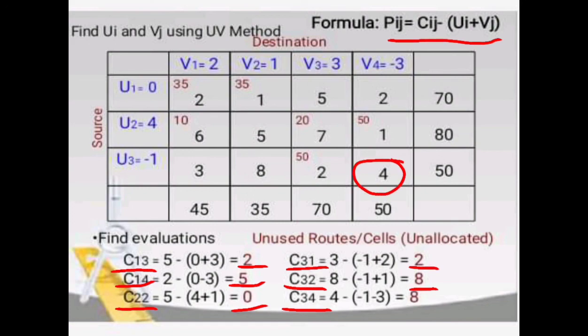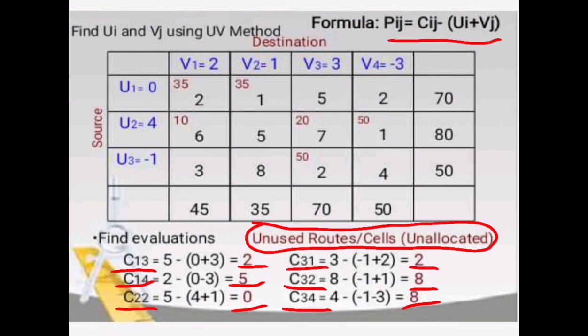The C_ij is 4, and then U3 is -1, and V4 is -3. If we calculate, we can come up with the answer of 8. And as we can see, we have no negative numbers. So these are the unused root cells or unallocated.